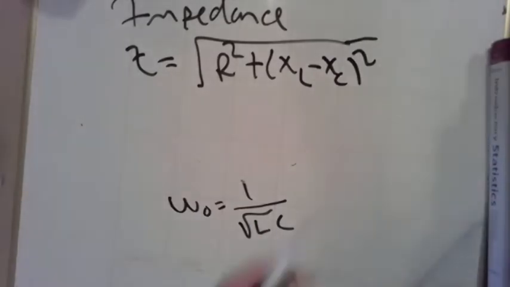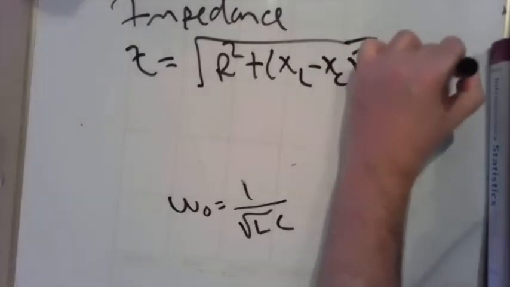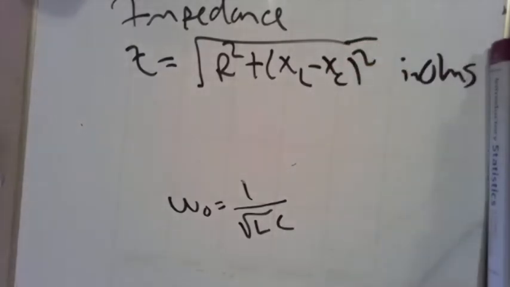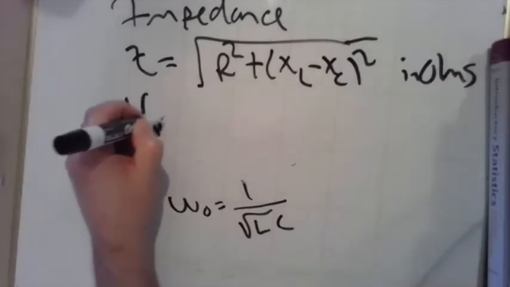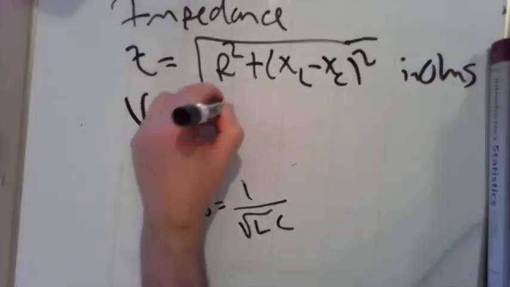It has units of ohms. This is our Ohm's law complete with everything in it for an AC circuit. V_P equals I_P Z.